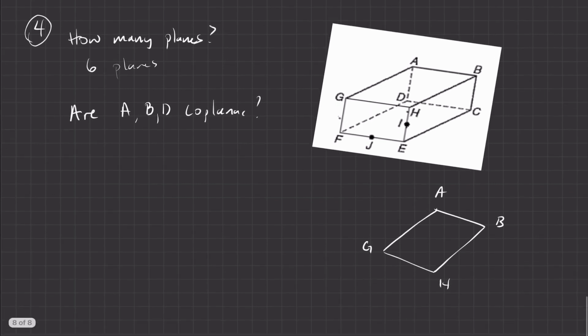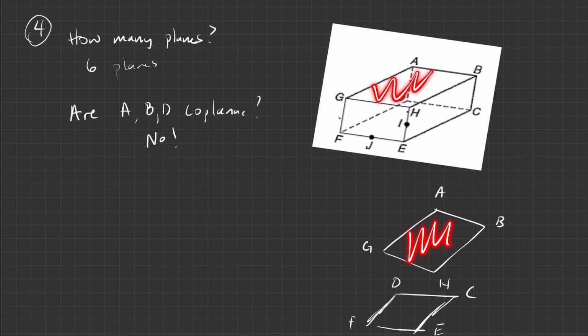No, because D is the bottom plane with D, C, F, E. So A, B, D coplanar, no. And you can go ahead and see the example right there, okay? Again, this plane is the top plane, and this plane here is that bottom plane there. So don't be fooled, be careful. When you're looking at the image, just be cautious. Okay, cautious.